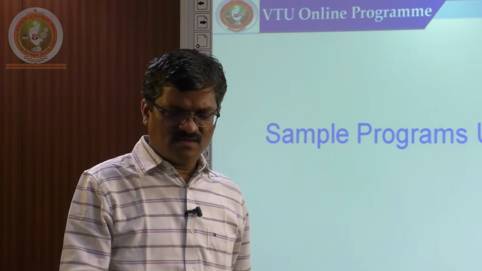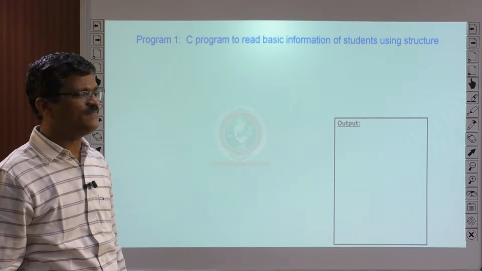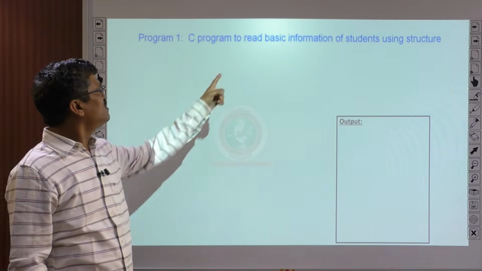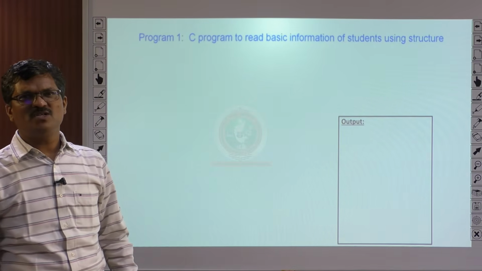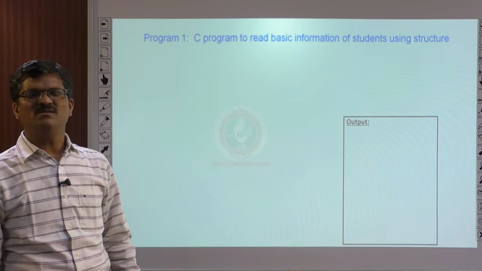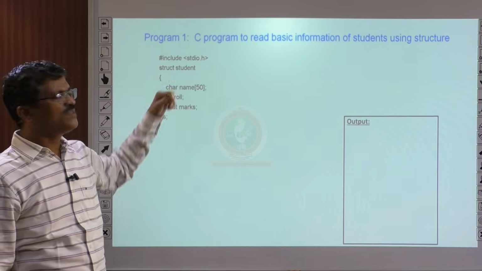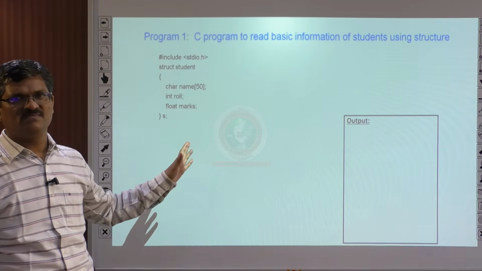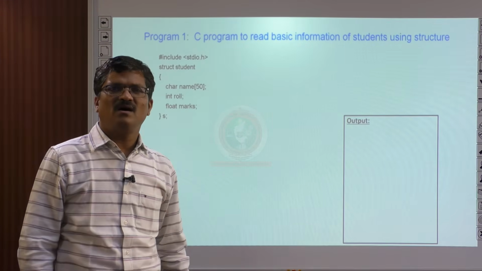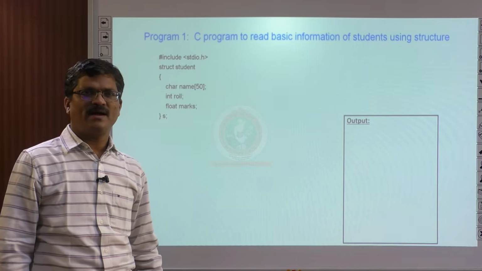So here are some sample programs for your easier understanding. Simple programs are there. To begin with, it is a C program to read basic information of a student using structure. So we will define a structure student with some members to include a name of a student, a roll number and marks.